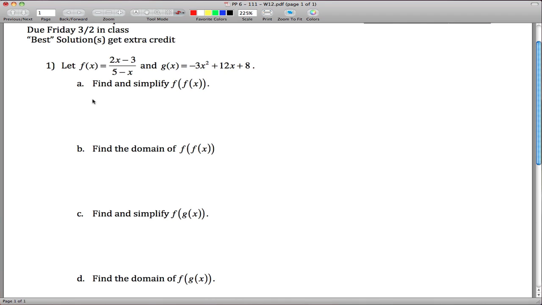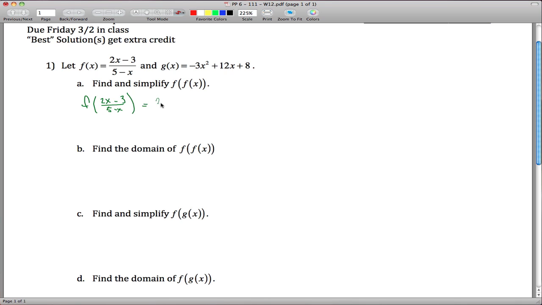Okay, f of x is this mess. So f of x is (2x minus 3) over (5 minus x). So what I can do is replace, so now I want f of this mess, which I replace all the x's in this equation with (2x minus 3) over (5 minus x).